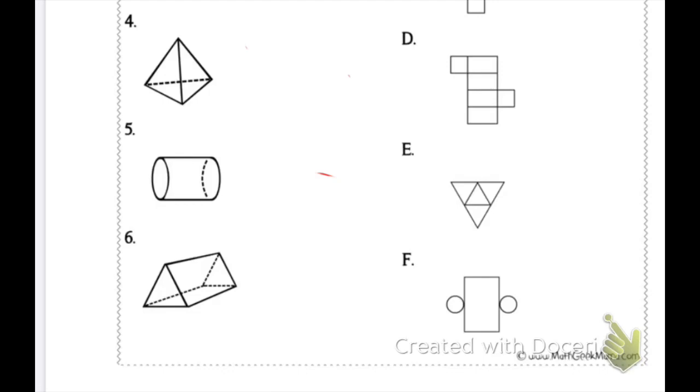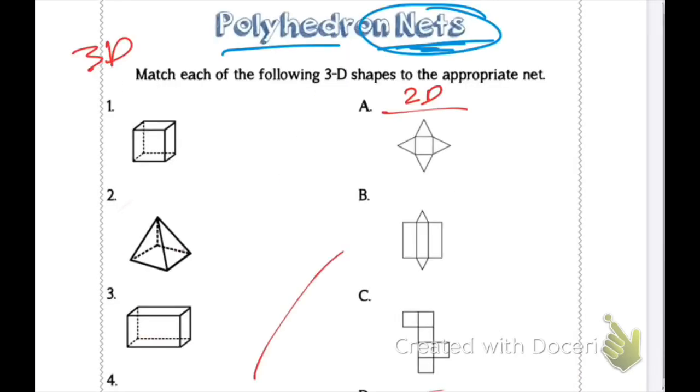So what would my triangular right prism look like? Well, if I match that up, that would come up to B. That would look like unfolded. So those are my polyhedron nets.